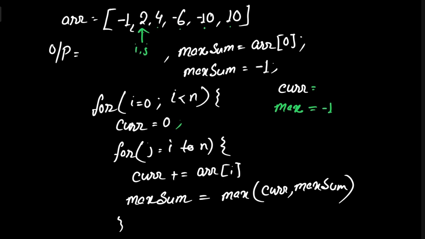Now j is equal to i, and it sums 2, 6, 0, then minus 10, so here it will be 0. Current value is 0, and now it checks whether maximum is greater than minus 1. Yes, so maximum will be 0.